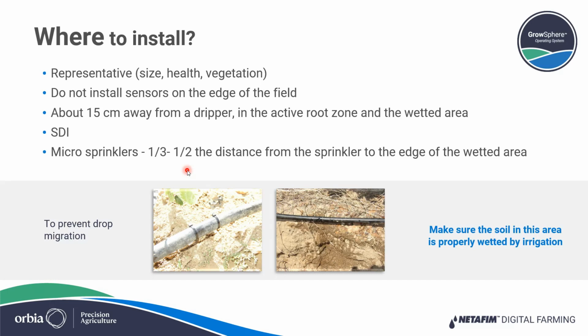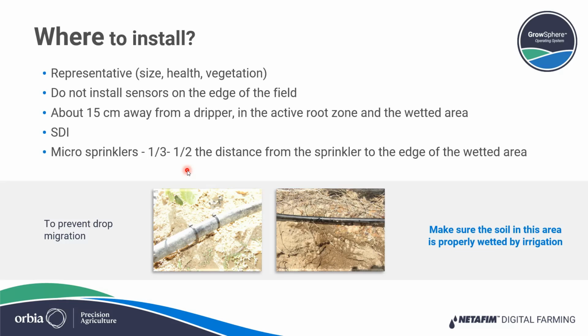Now, as for SDI, subsurface drip irrigation, first find the dripper. Don't do it in the place where you wish to have the sensor located when you dig. Go a bit further, find the dripper, and then measure according to the distance of the dripper, up to the place where you want to install the sensor.